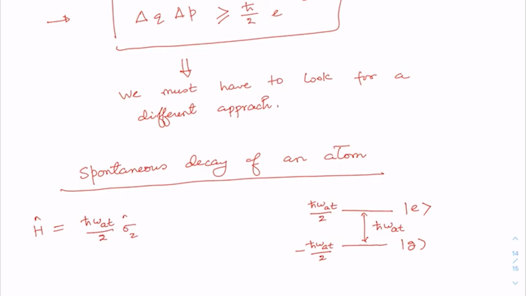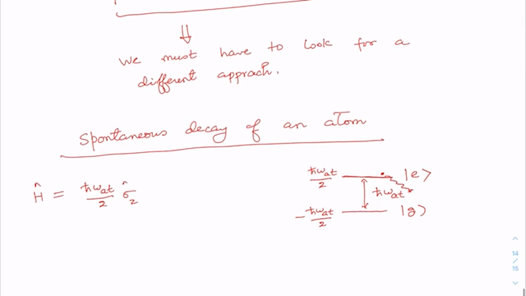Now, it may appear that the atom is isolated, but actually it is interacting with the so-called vacuum. Due to the vacuum fluctuation, if the atom is in the excited state, it will ultimately decay to the ground state. This can be very easily modeled.